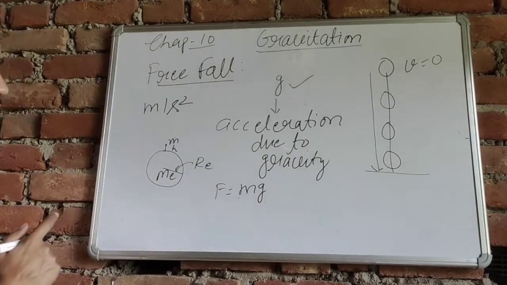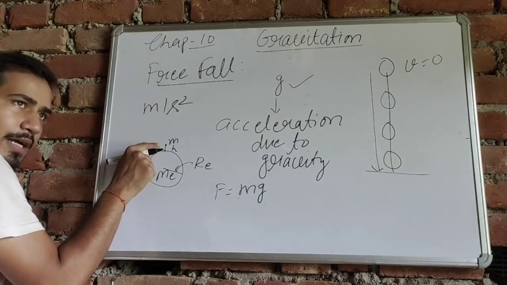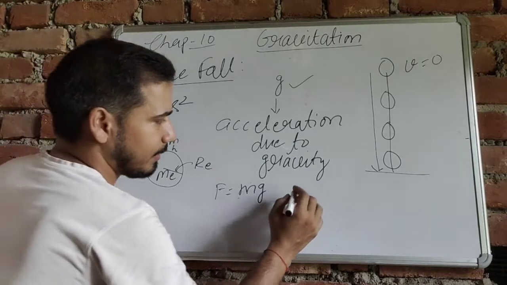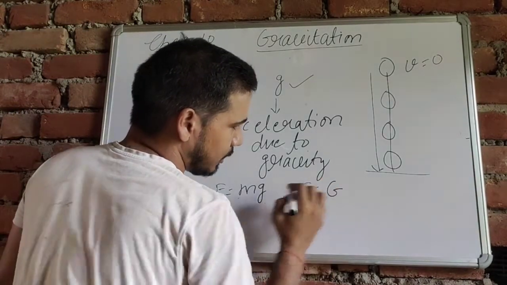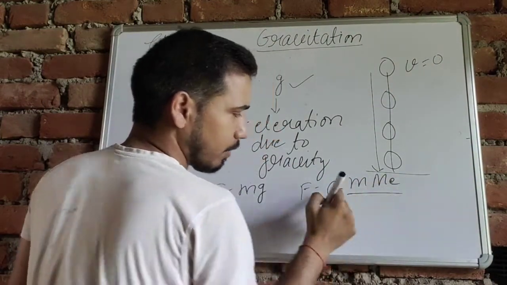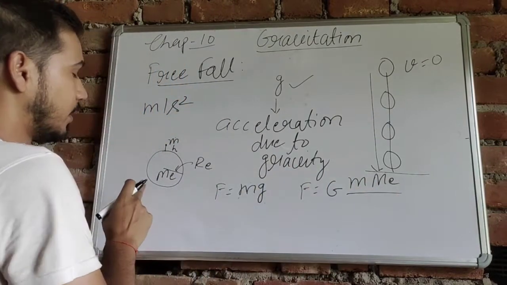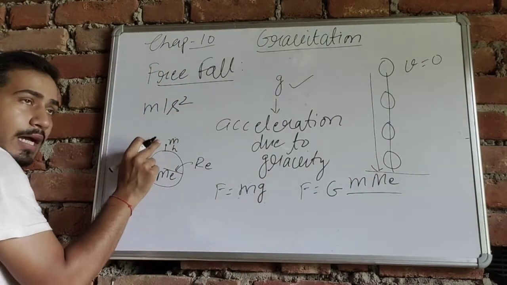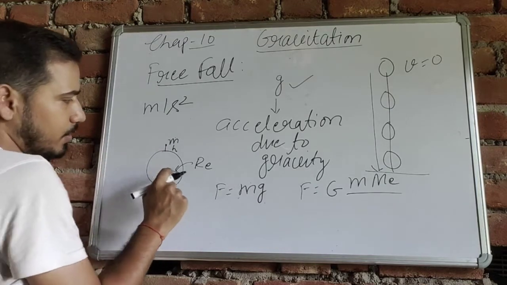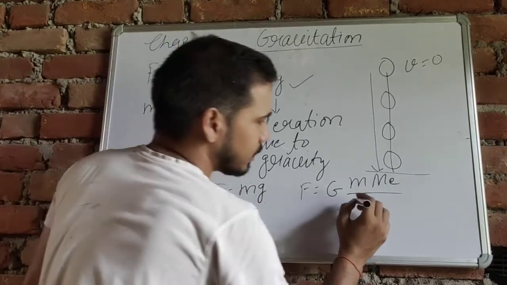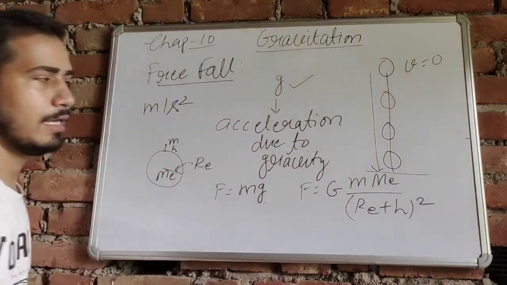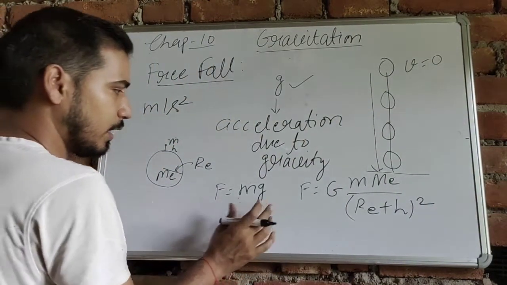Now if we talk about the force on this particle, by the universal law of gravitation, we can write F equals G mass of the earth times mass of this particle, upon the separation between the object and the earth from its center, which is (Re + h) whole square.